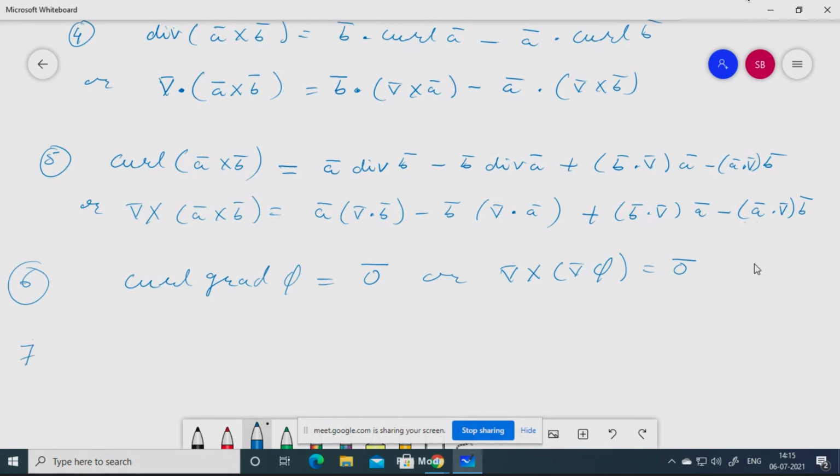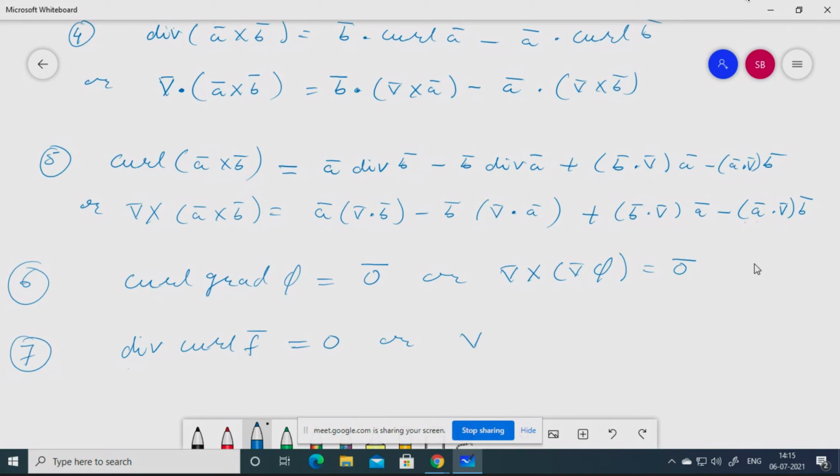Okay, so I'll write all this, a few more also. You try to prove them. If any one of this you are not able to get, I'll show you how to. Divergence of curl of f bar is equal to 0. Only 0, no bar, because divergence applied on a vector gives a scalar result.